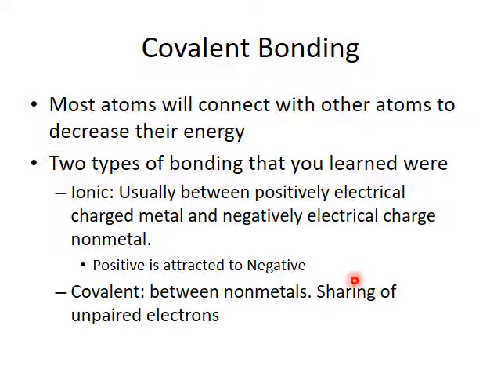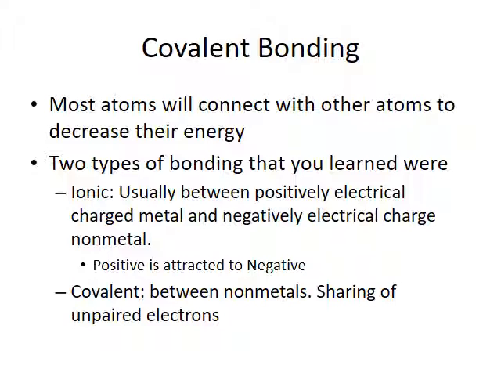These are where the atoms share unpaired electrons. One of the things I want to make sure you understand is that we use the word bond to represent the interaction between atoms in a molecule. You have atoms and you have molecules.